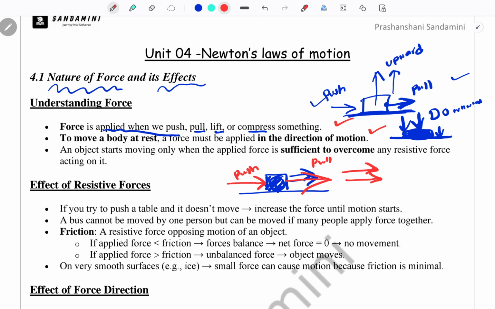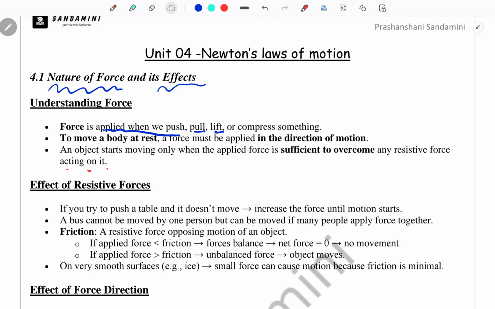An object starts moving only when the applied force is sufficient to overcome any resistive force acting on it. That is also important. Let's think there is a very huge cupboard placed on the floor. You want to move this cupboard in this direction, but it is very huge, right?